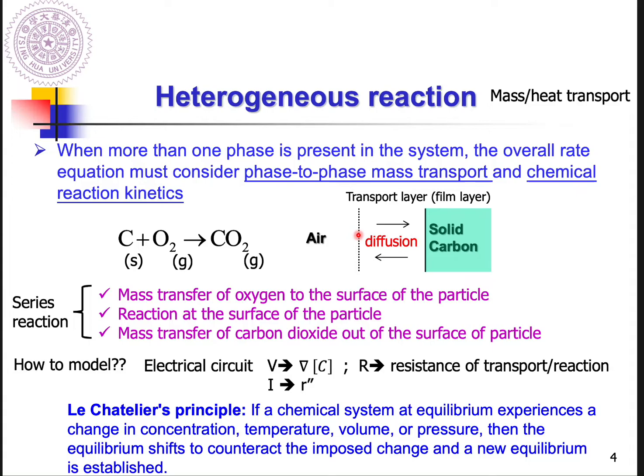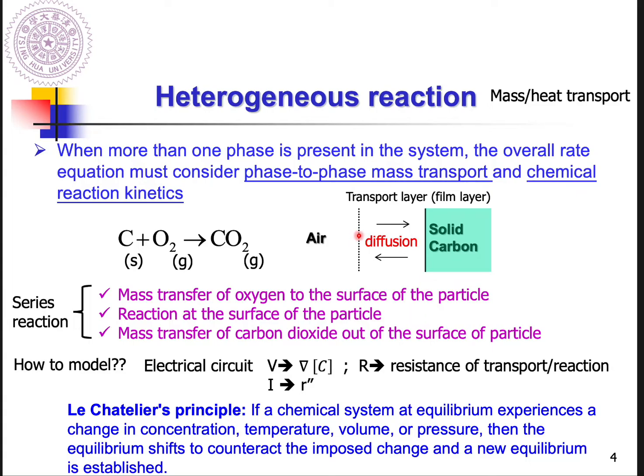Because we have sufficient oxygen here, and the oxygen will diffuse through the film layer, then arrive at the surface of the solid carbon, right? Then that will start the chemical reaction. And if we assume that the oxygen is completely consumed, the concentration of oxygen will drop to 0.